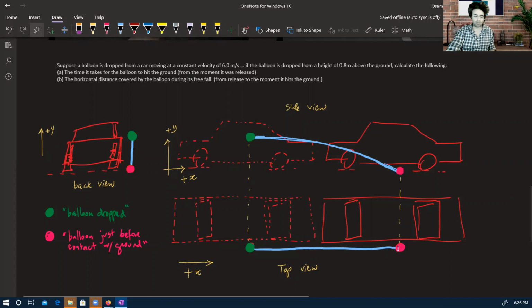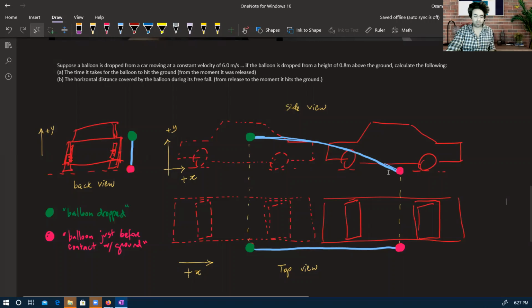If you think about the motion from a vertical perspective, for example, if I'm standing behind the car and looking forward, then what I see is I just see the balloon dropping like this. So the vertical motion, which you see from the back view, and the horizontal motion, which you see from the top view, combine to give you this motion that you see from the side view.